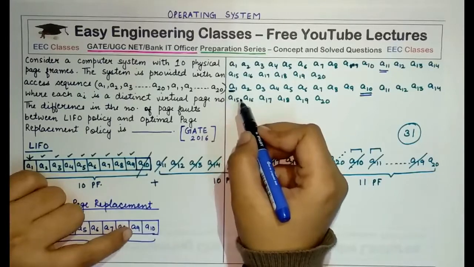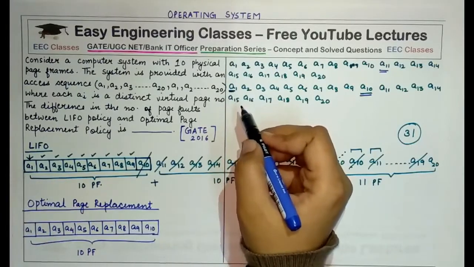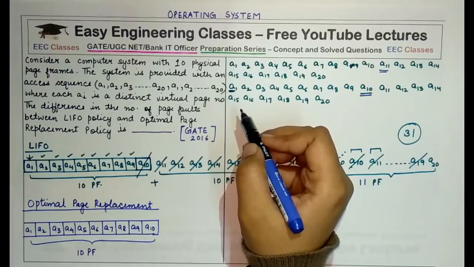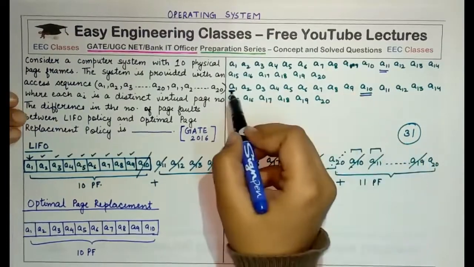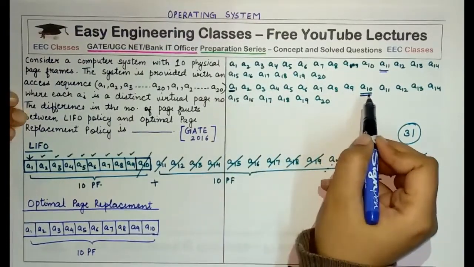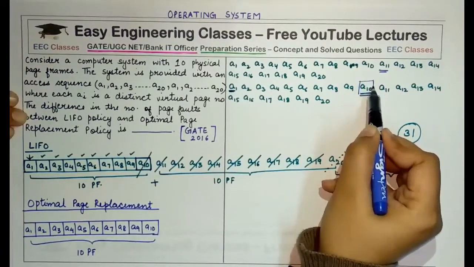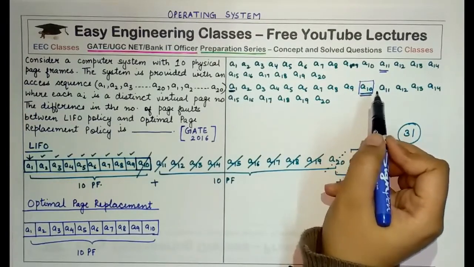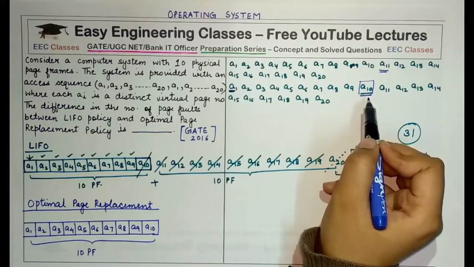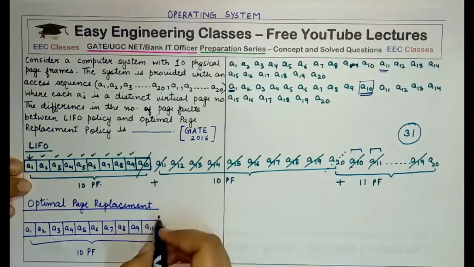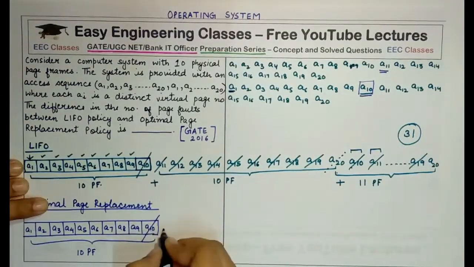The requirement of A1 to A9 would occur before A10. So this is the page required farthest in future, and this is the page that I'll choose for replacement. So A10 would be replaced by A11.